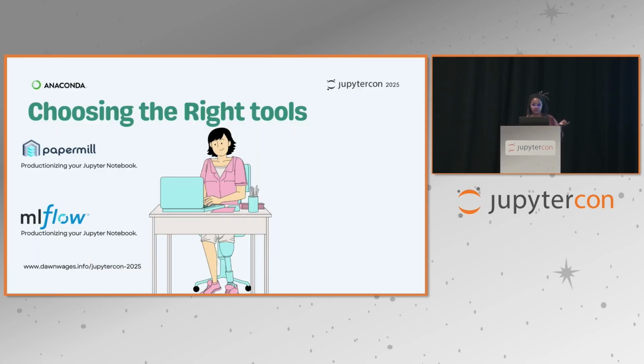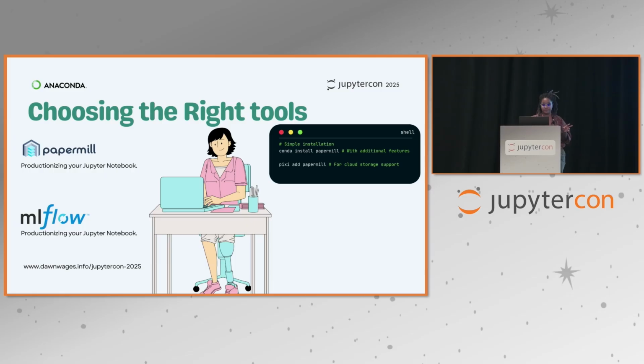And so when we're choosing the right tool, Papermill will let you execute Jupyter notebooks with different parameters, like running a Python script with command line arguments. So if you want to turn your notebook into a parameterized workflow, this is what you'll want to use. For example, if you run the same code with different dates, different regions, different customers, or a different data set. So it's easy to install.